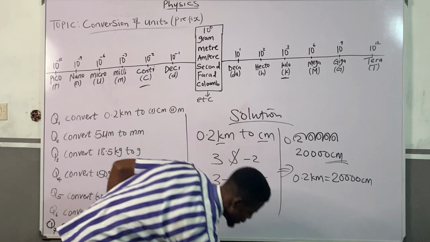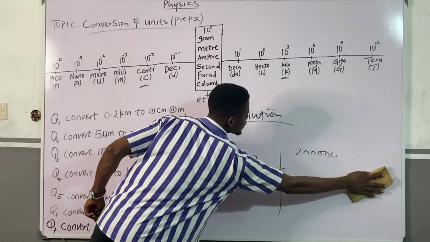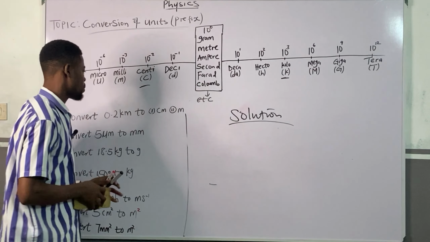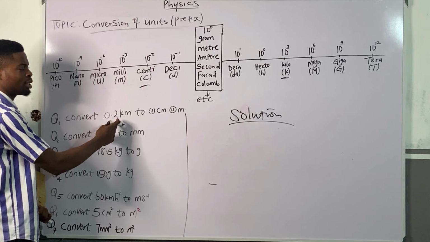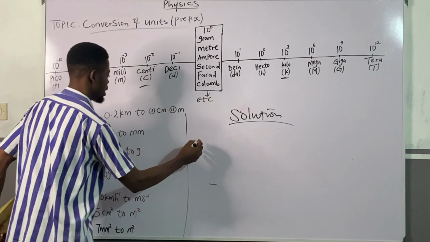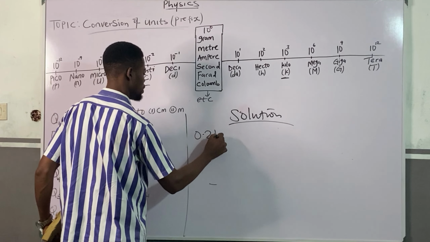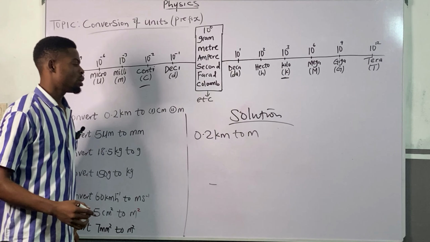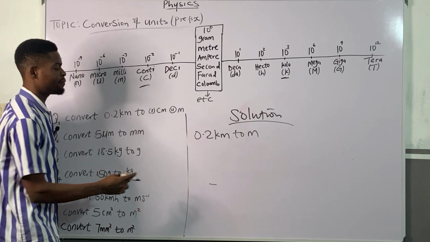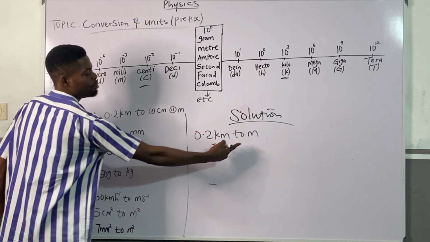Then the second one, they said we should convert the same 0.2 kilometer to meter. We are having 0.2 kilometer to meter. Here we have kilo, and we have the meter.